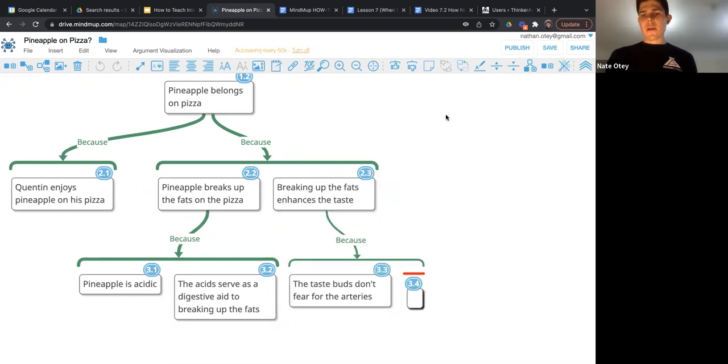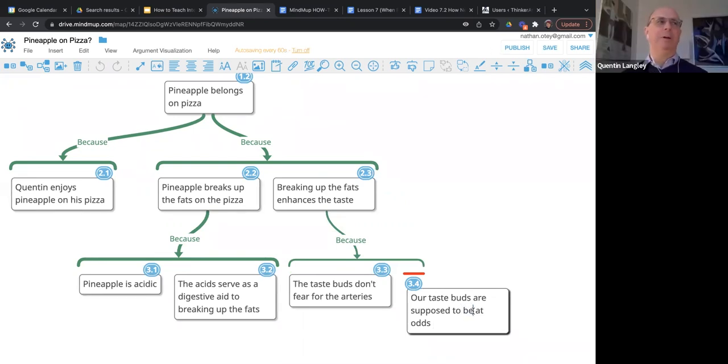And we can formulate the objection to the inference as something like, our taste buds are supposed to be at odds with our arteries, or are historically at odds with our arteries, something like that, Quentin? Our taste buds seek maximum, not optimum nutrition.